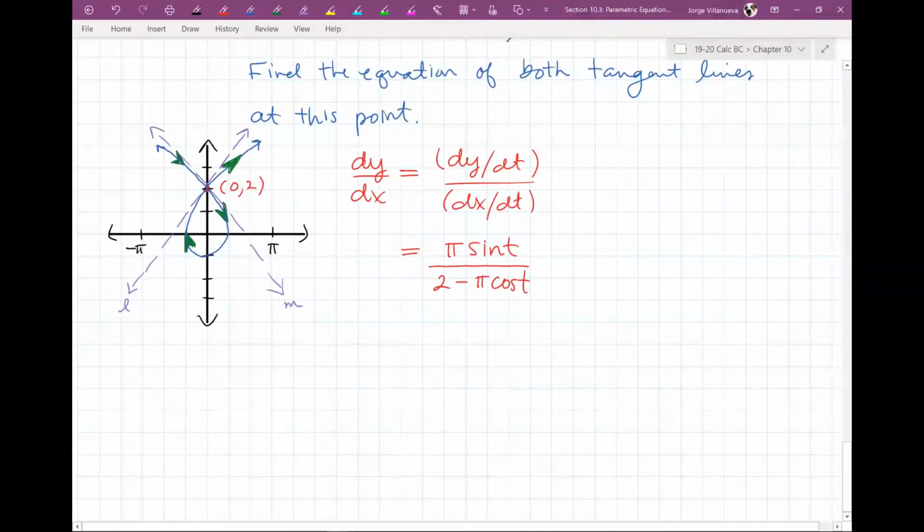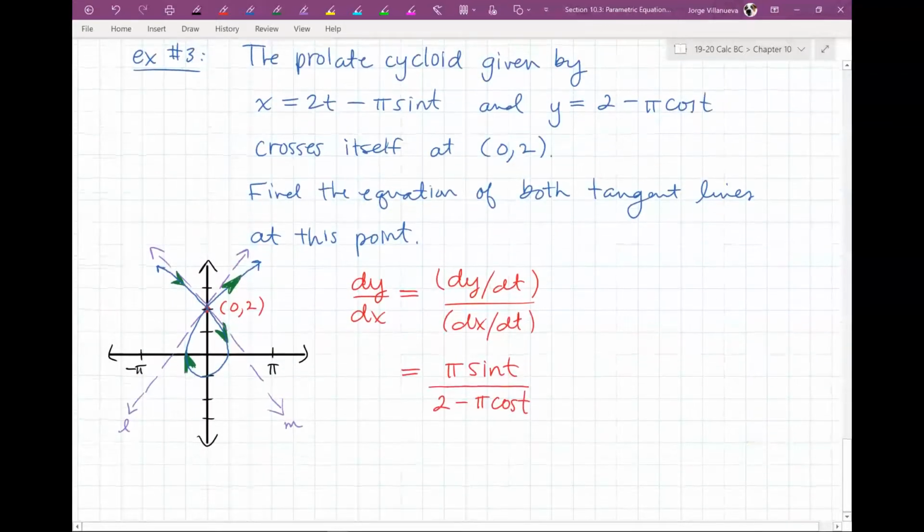I have to figure out what number to plug in. Now, I can't put in (0, 2) because (0, 2) is in terms of x and y, right? So I have to figure out what the t value is at (0, 2). So I'm going to use my functions. You can use anything to plug it in, it's up to you, but let's try using y equal to 2 minus pi cosine t because it has less stuff in it.